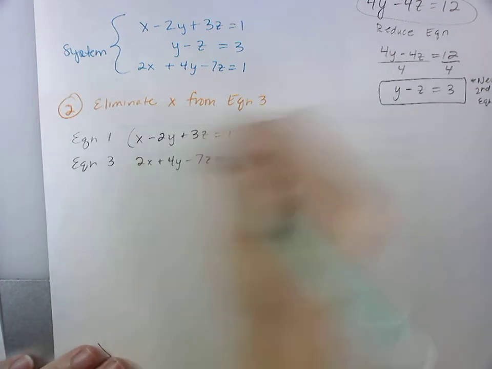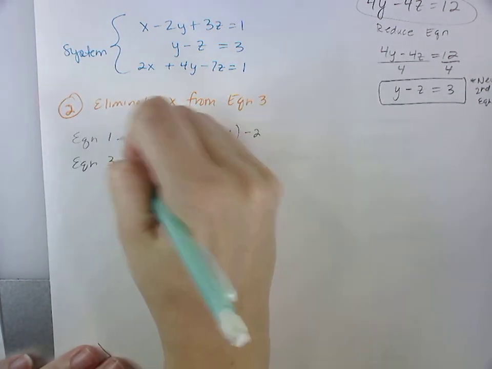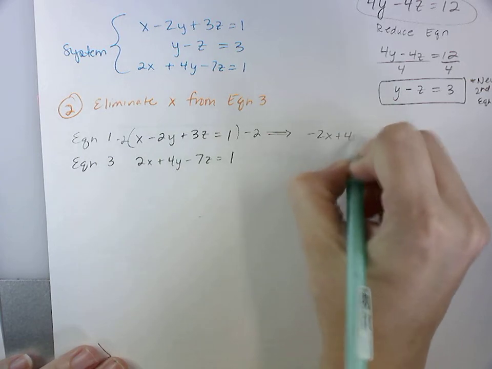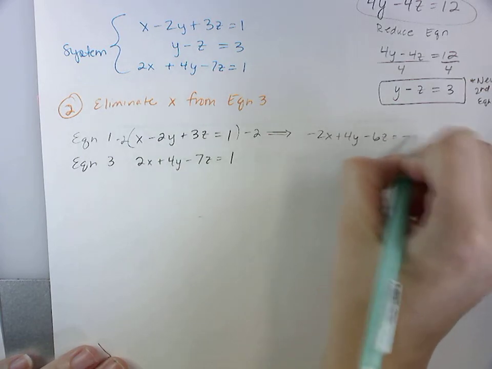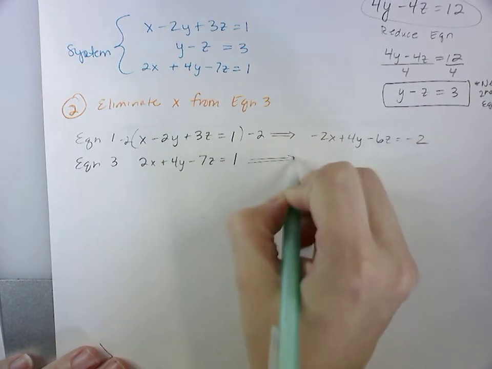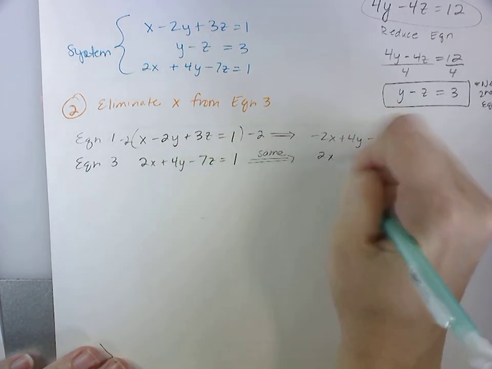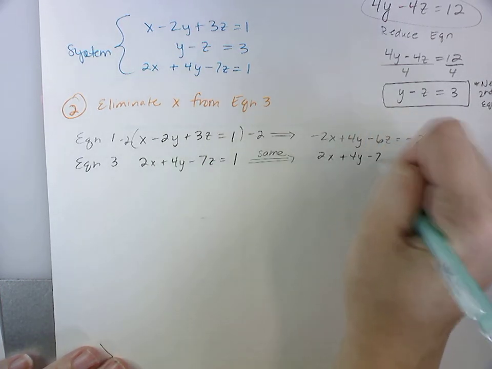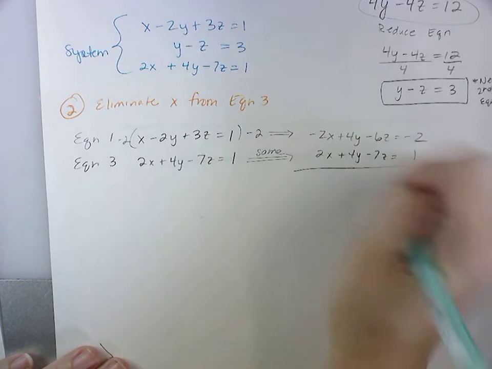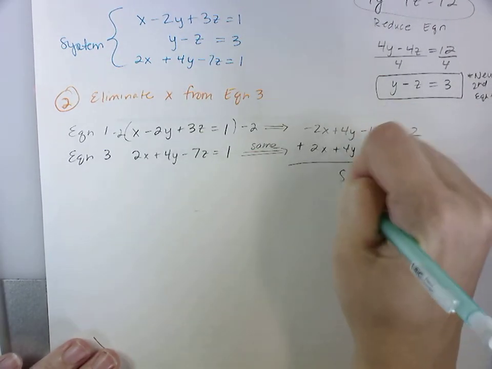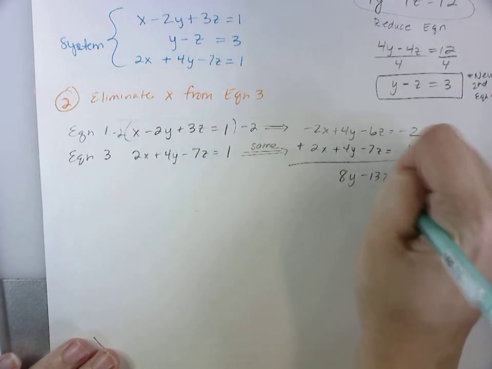Good, so that's what I'm going to do. Multiply the top equation by negative 2. So I'll have negative 2x plus 4y minus 6z equals negative 2. Just be careful when you are doing the multiplication, because sometimes something small can mess you up. And then we're going to add straight down. So the x's cancel out. Now I have 8y minus 13z equals negative 1.